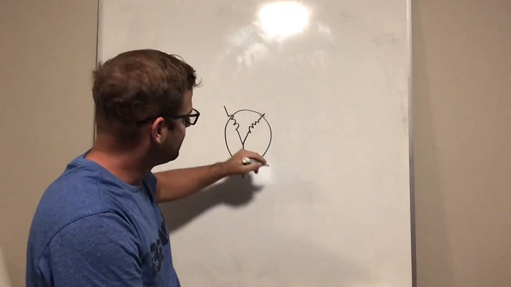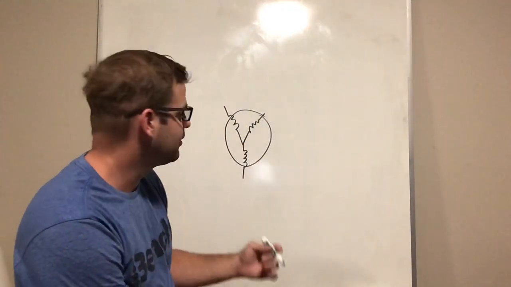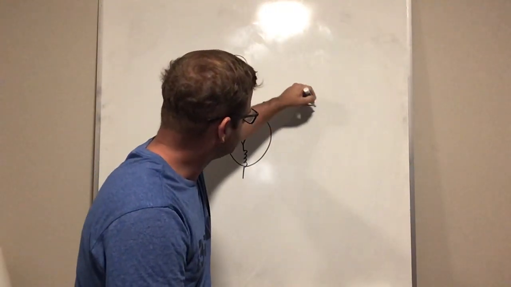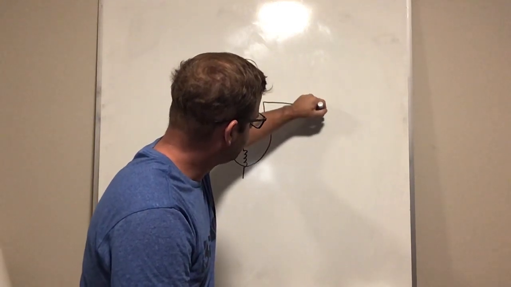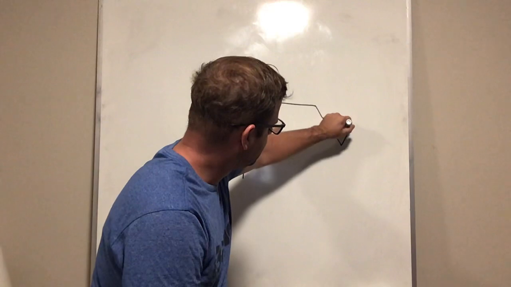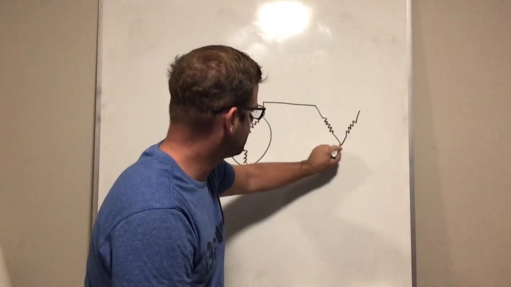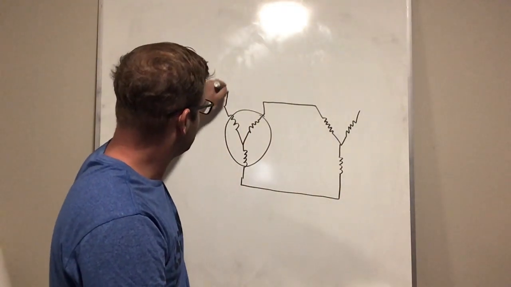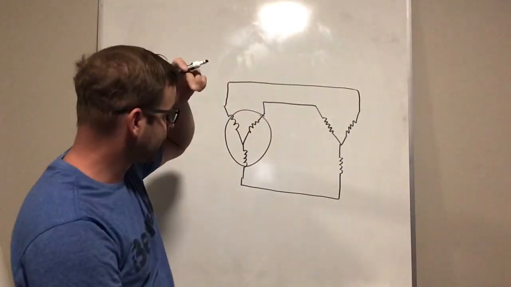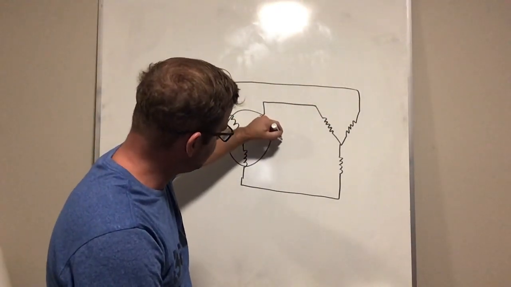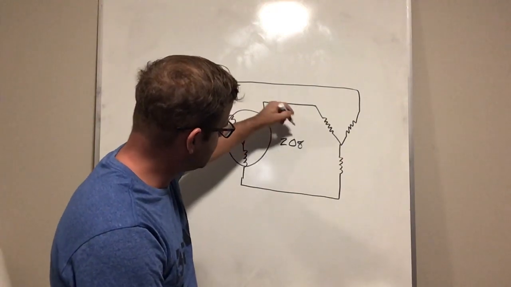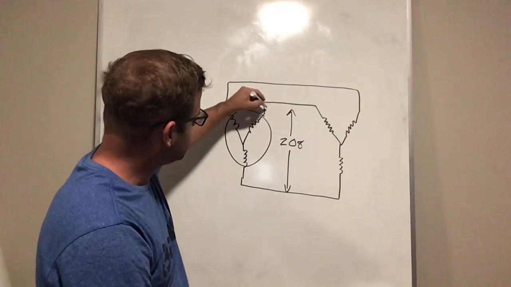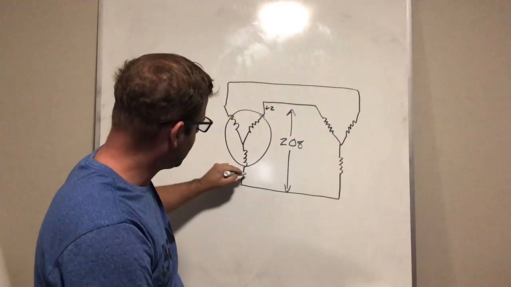So this could be either an alternator, or it could be 3 transformers coming off, and we're going to have a Y resistive load, and I'm going to say that we have 208 volts to keep it easy between, let's say that's line 2 and line 3.